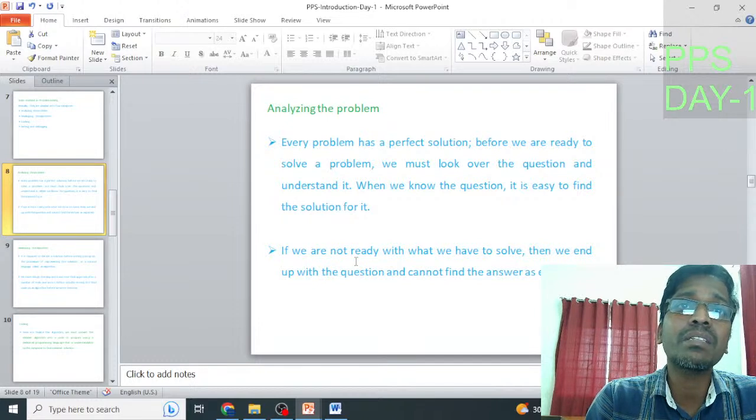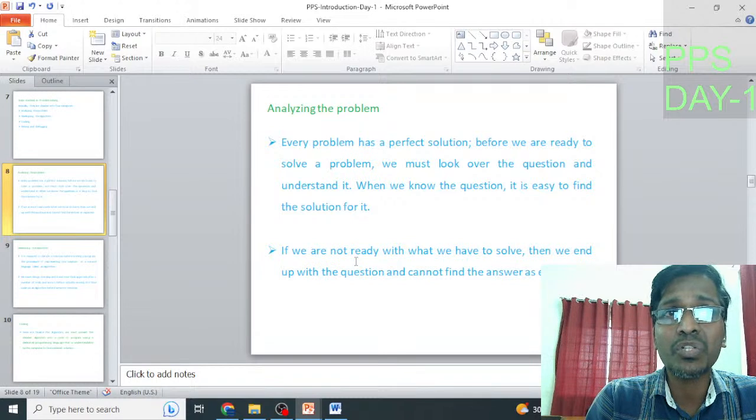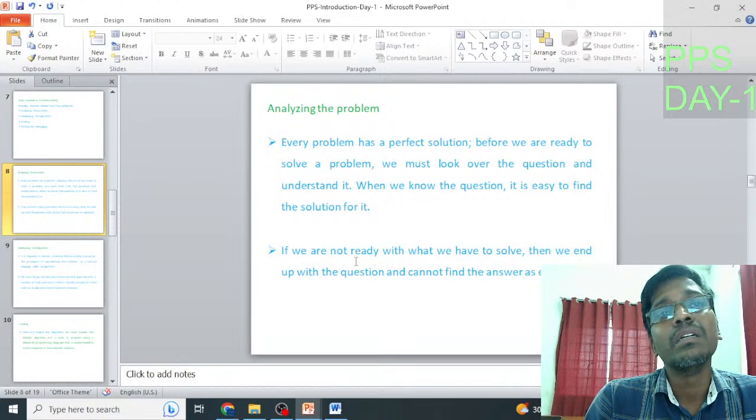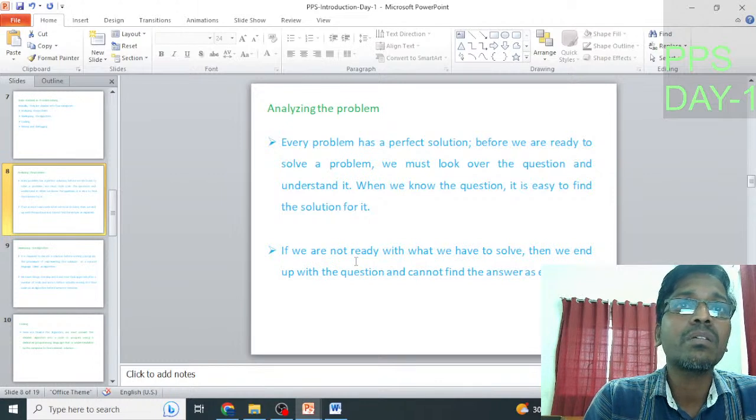Based on understanding the question, only then can we look forward. Otherwise, without understanding the problem, it is not possible to find any solution for the given problem. So analyzing the problem is very, very important in problem solving skills.